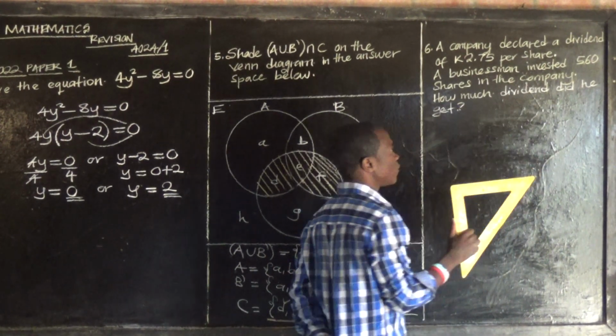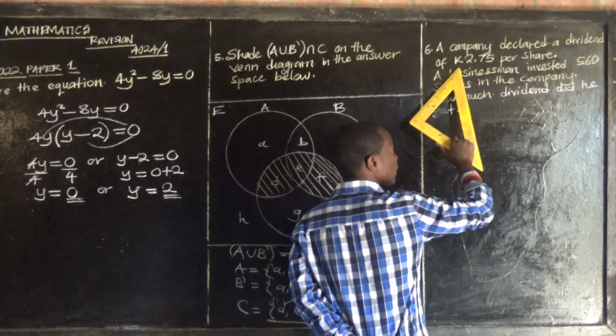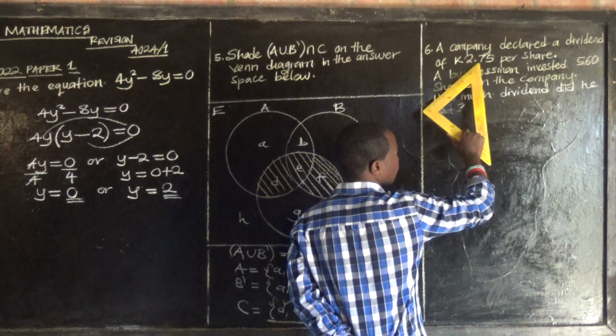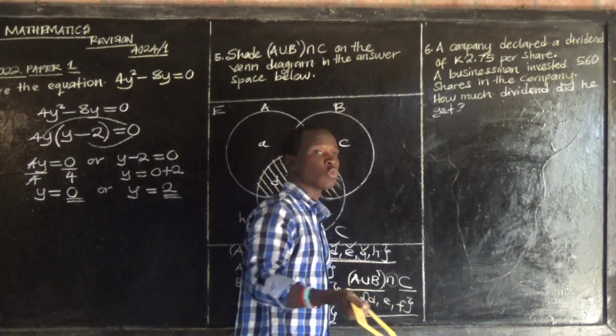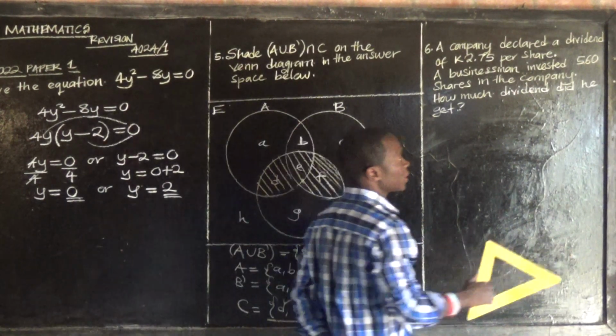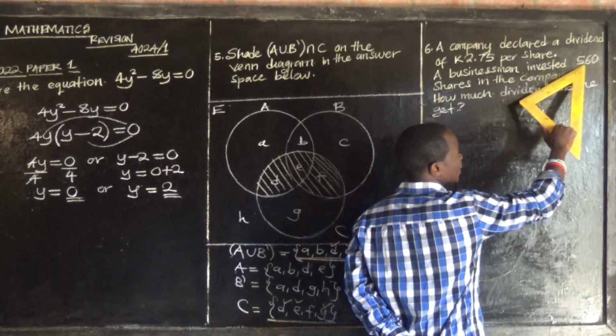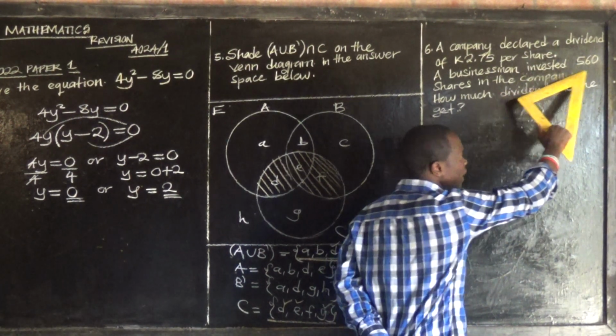Are we moving together, people? So if you have got 1 share, you're going to be given 2 quarter 75 ingwe. But a businessman had how many shares? 560 shares. So how much dividend did he get from this amount?